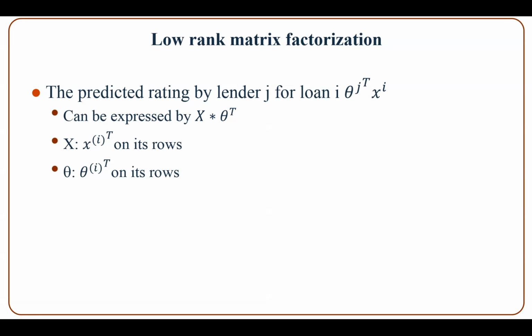The predicted rating by lender j for loan i is theta j transpose times xi. It can be expressed by the matrix product of x and theta transpose. X has xi transposed on its rows and theta has theta j transposed on its rows.